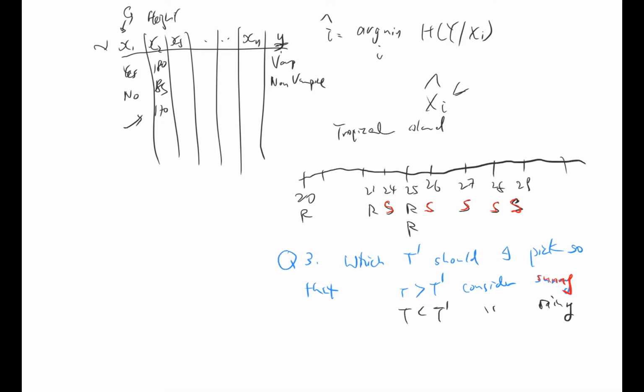Let me put one more sunny here, and let's say this is 21. 21, 22, and I have two of them. 25 is rainy. So where should I pick the threshold?